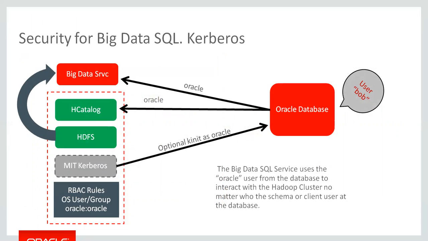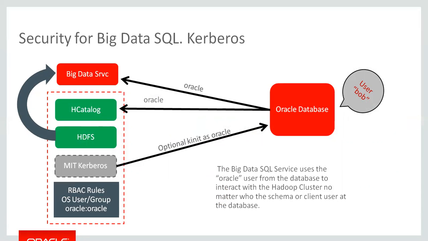In a future version we will enhance this, and you will be able to link different Oracle users with different Kerberos users. Today it's Oracle, so you're working on behalf of Oracle. And as soon as you get a Kerberos ticket for Oracle, you could work with HDFS.